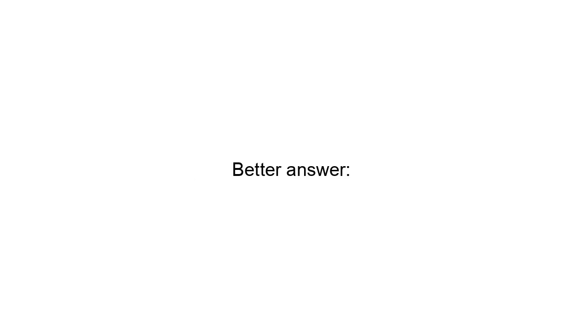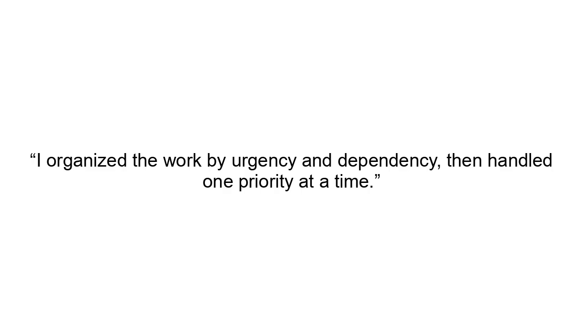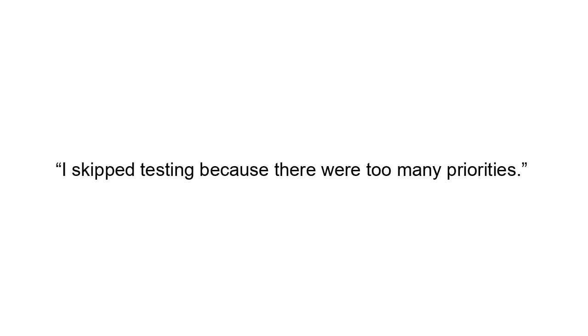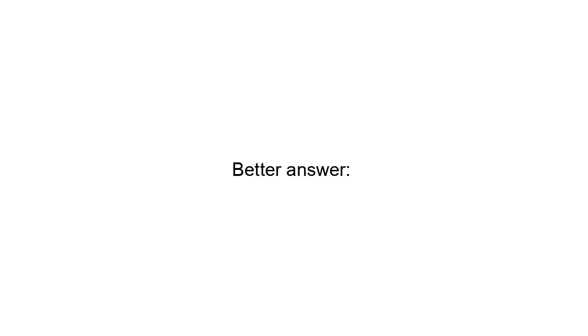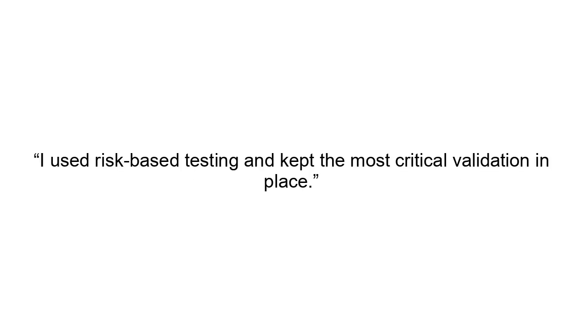Better answer: I organized the work by urgency and dependency, then handled one priority at a time. 5. Sacrificing quality to move faster. Bad answer: I skipped testing because there were too many priorities. Better answer: I used risk-based testing and kept the most critical validation in place.